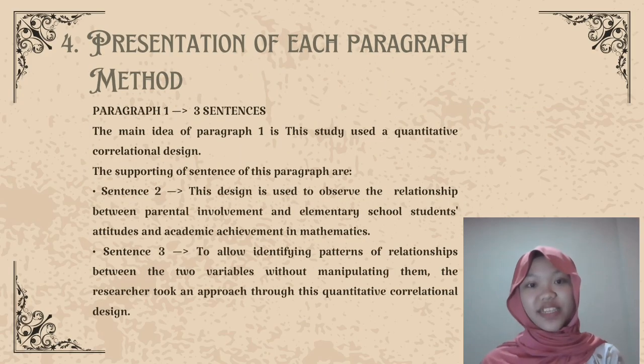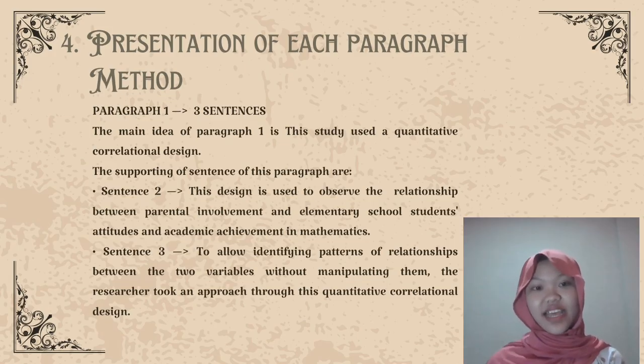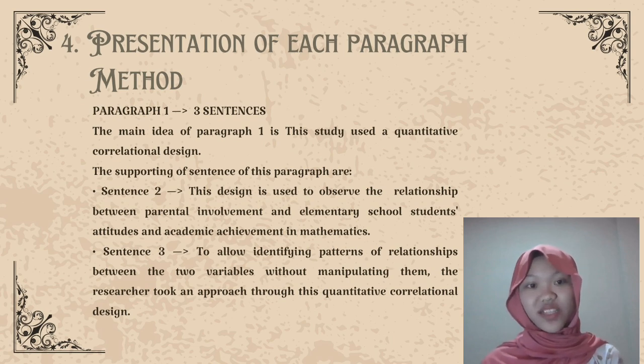Four. Presentation of each paragraph in the method. In the first paragraph, I have 3 sentences. The main idea of paragraph 1 is the study used a quantitative correlational design.